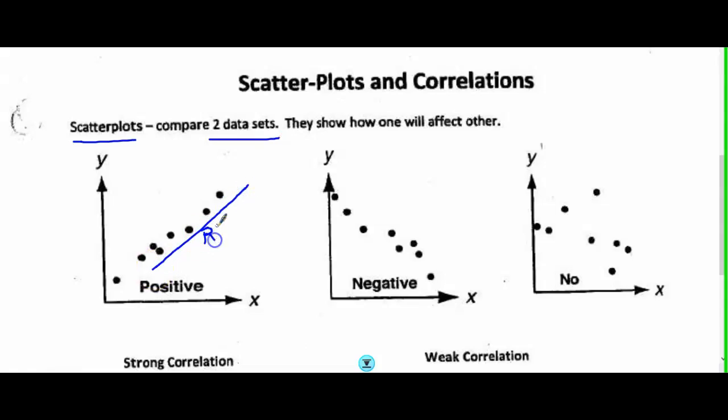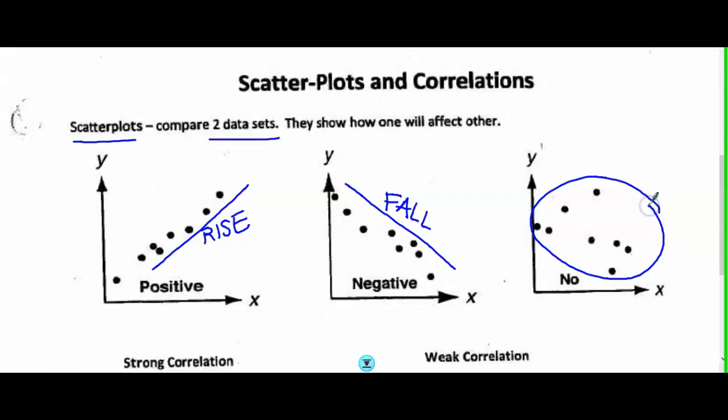If the points rise, it's called a positive correlation, like a positive slope. If the points trend down or they fall, that's called a negative correlation, like a negative slope. And if the points have no pattern at all, they're just scattered everywhere, we say that has no correlation.